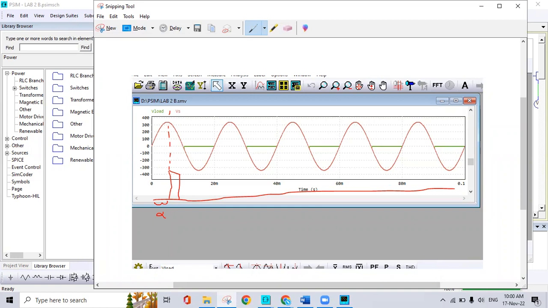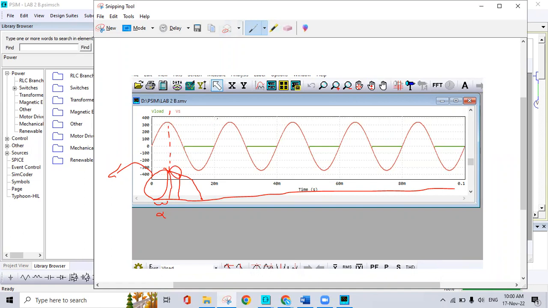That means this proportion of the signal will be lost, and only the signal after this point will enter the SCR. So this is why, when the firing angle gets bigger, the values of the speed, the VDC, and so on will drop, because we have already lost a proportion of the signal right there.